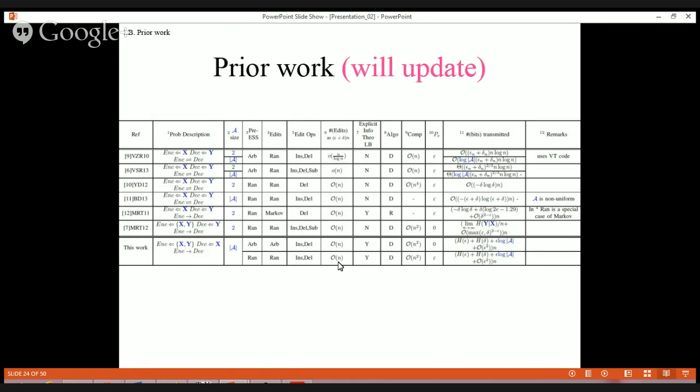The number of edits we deal with is a small but constant fraction of n, where n is the block length. A main contribution of our work is that we derived explicit information theoretic lower bounds for both models.